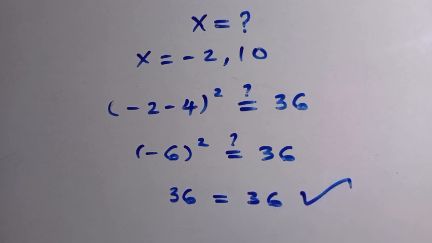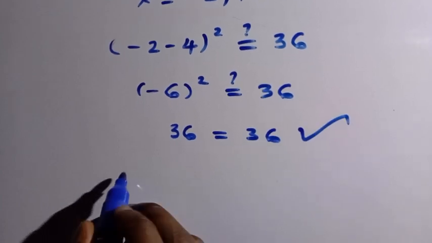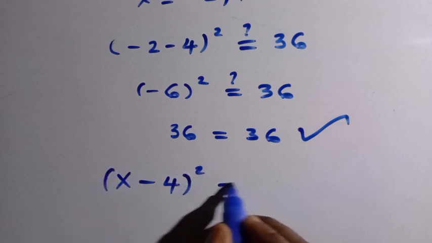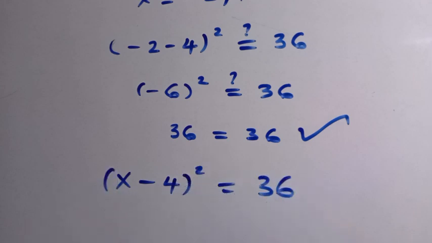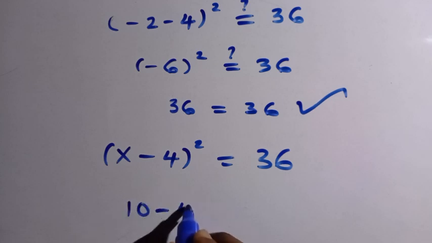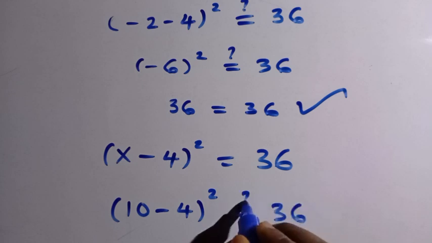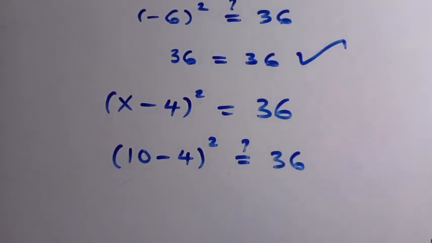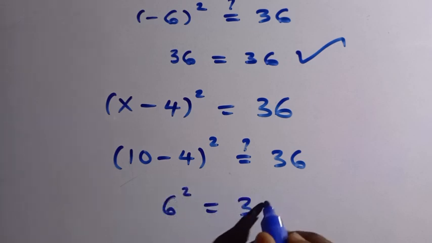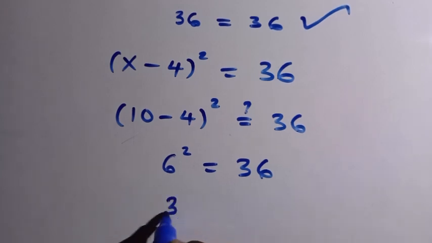This is correct. And also for x equals 10, when we substitute in (x - 4)² equals 36, we have 10 - 4 squared, so 10 - 4 gives us 6 squared, and 6 squared equals 36.